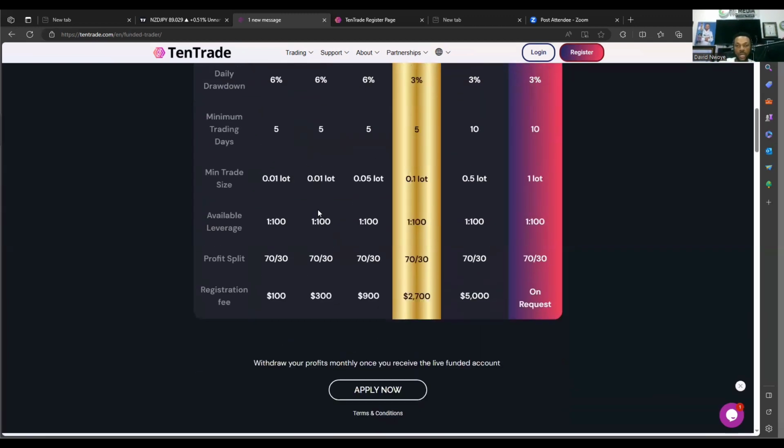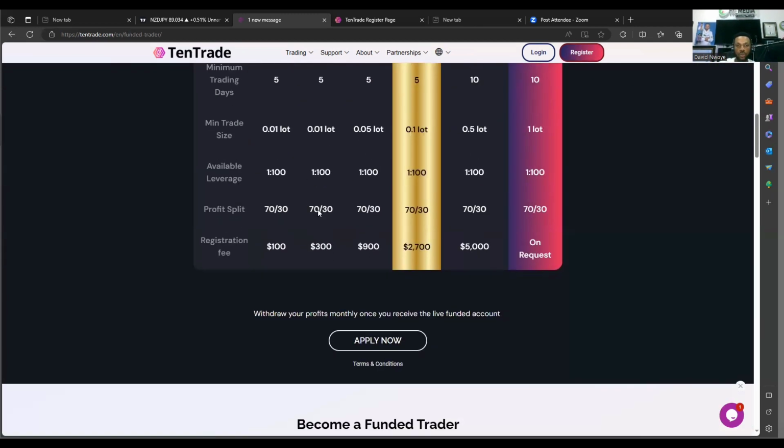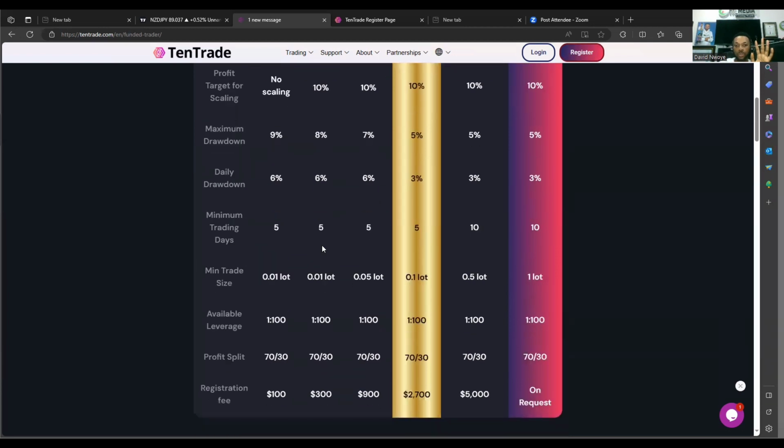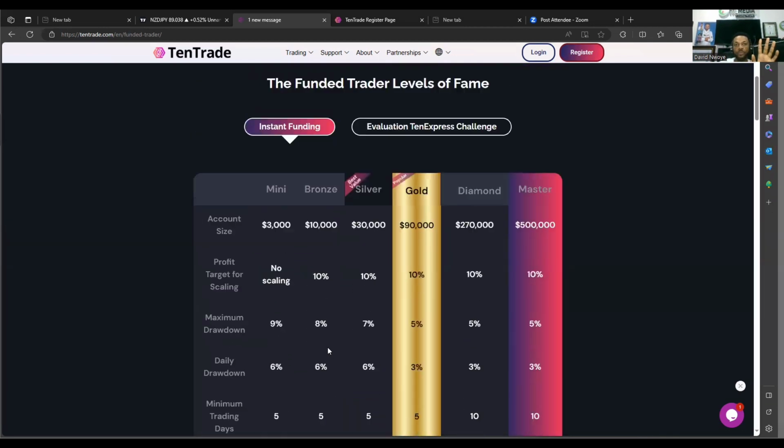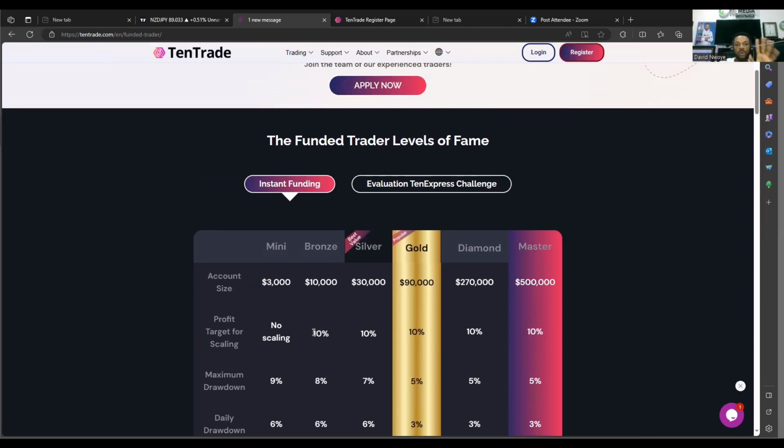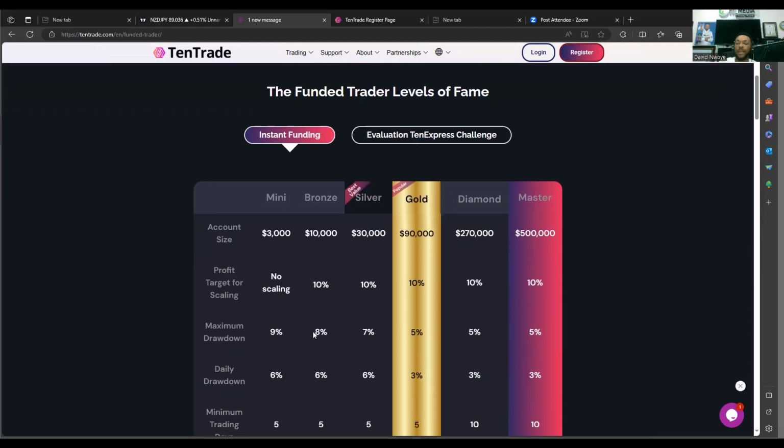Now, look at this, getting a 10K account will cost you $300. You bought it and you get a 10K account. Profit split is 70%, normal 30%. Okay, cool. Now, what does this profit target for scaling mean? Once you've made 10% of that $10,000, which is $1,000, it's easy to make. Trust me.